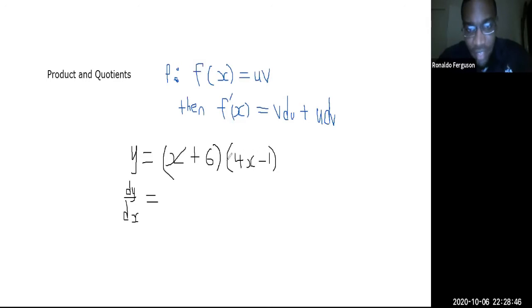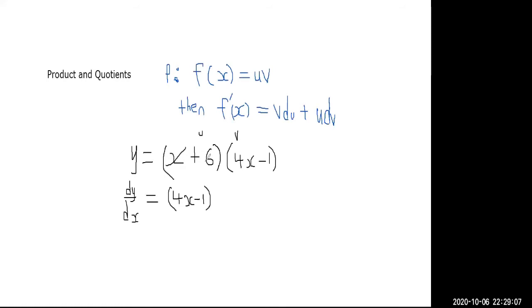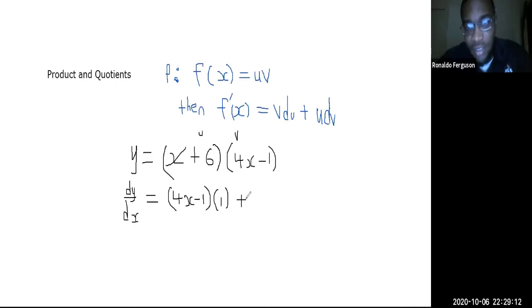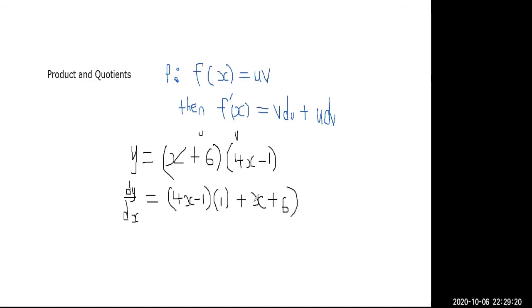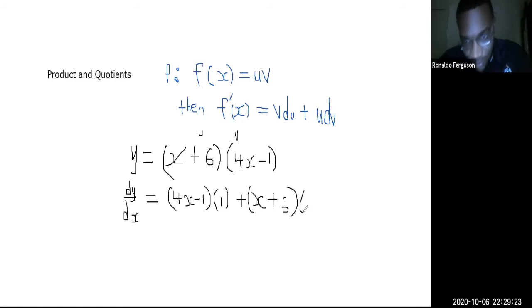You identify your u and you identify your v. So you write down your v first. So it is 4x minus 1. So that's your v times du. The differential of x plus 6 is what? 1. So you just write 1 times 1 plus, write down your u first, x plus 6, times 4. Very good, times 4.